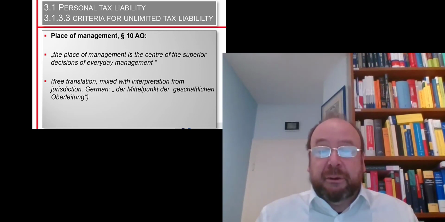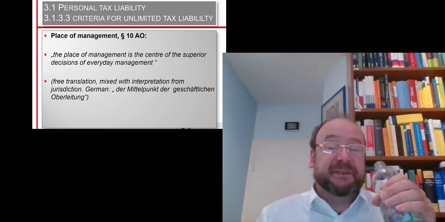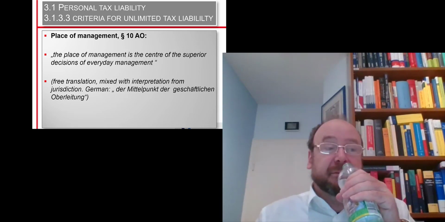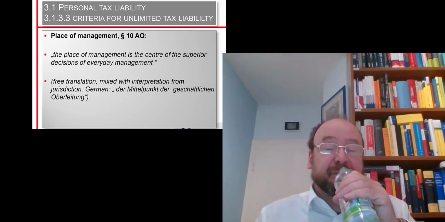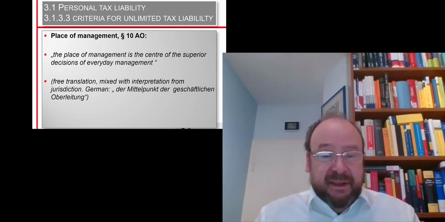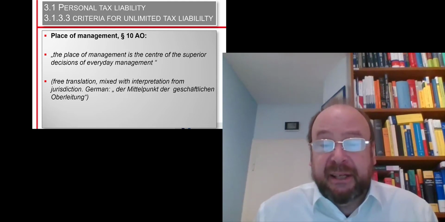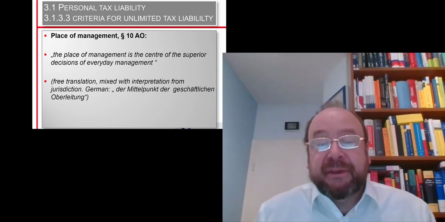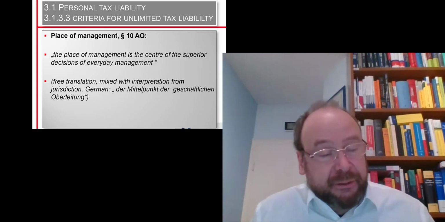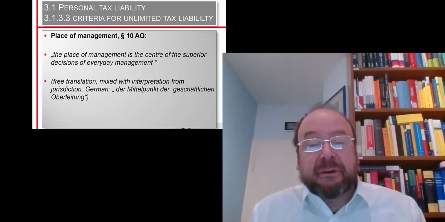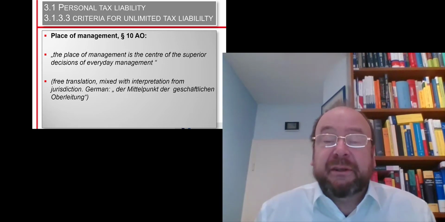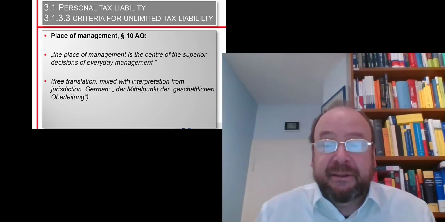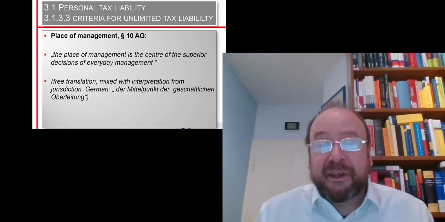Even if you are only a subsidiary in a group of companies, you still have to decide certain matters on your own, and where these decisions are taken, there is the place of management. The place of management can be everywhere, because there might be company law restrictions on where it should be, but the law doesn't ask where it should be. The tax law here clearly defines where it is done, that the decisions are taken. And so reality is the only thing which counts.